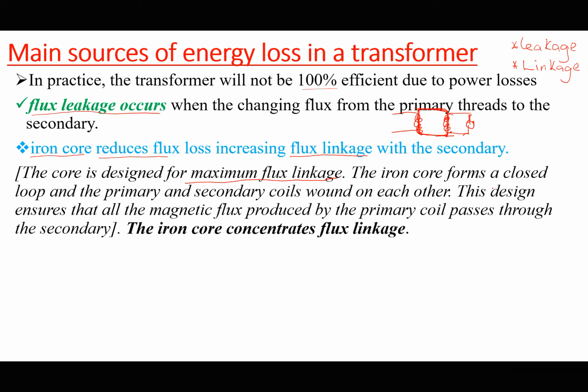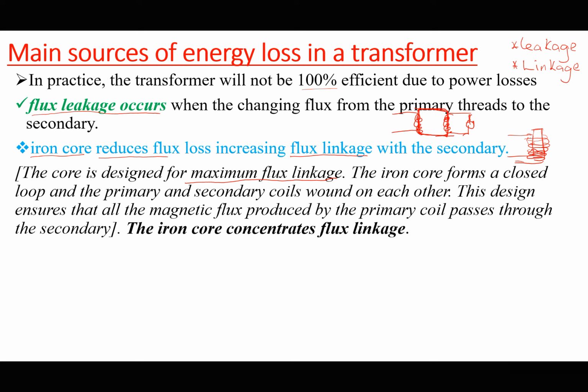So the iron core forms a closed loop, and the primary and the secondary coils are wound on it. In most transformers, you find that this is the strip of the soft iron core where we have the primary on it, and at the same time, we have the secondary wound onto the same.